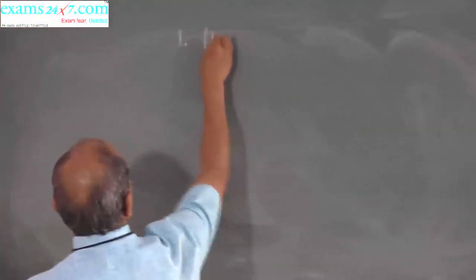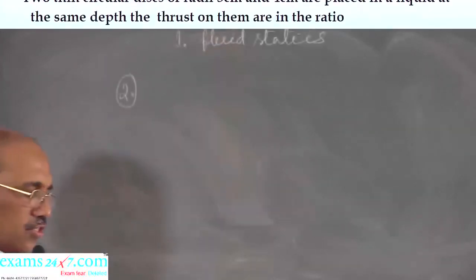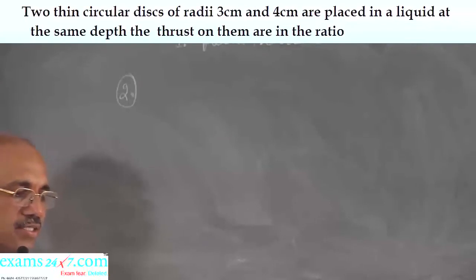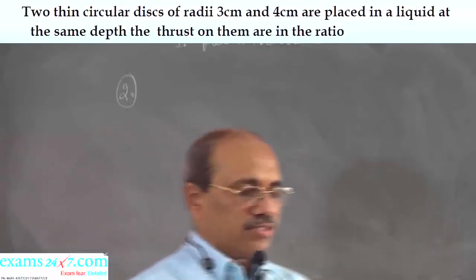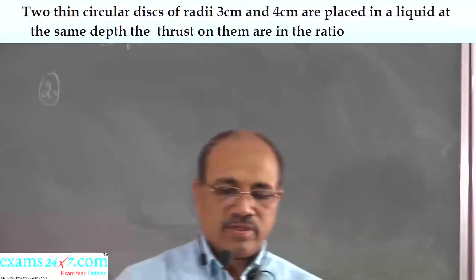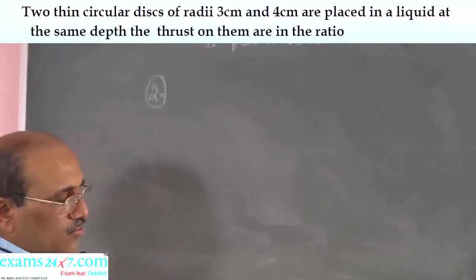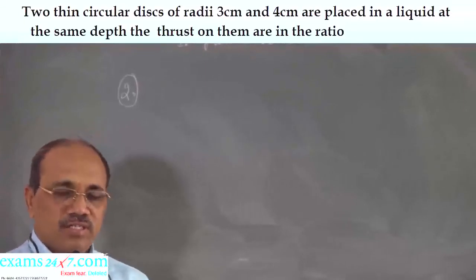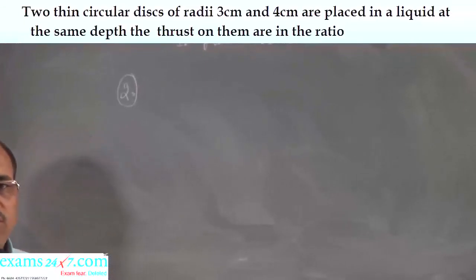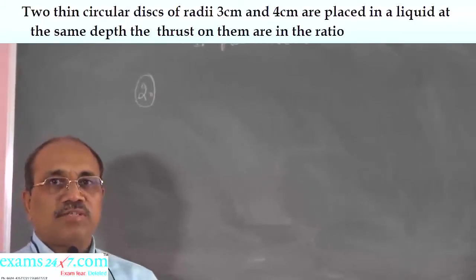Some questions from the first unit, that is fluid statics. Two thin circular discs of radii 3 cm and 4 cm are placed in a liquid at the same depth. The thrust on them are in the ratio. When we read the question, we must be careful. Many times I tell you to understand perfectly what data is given, and some terms they specify.